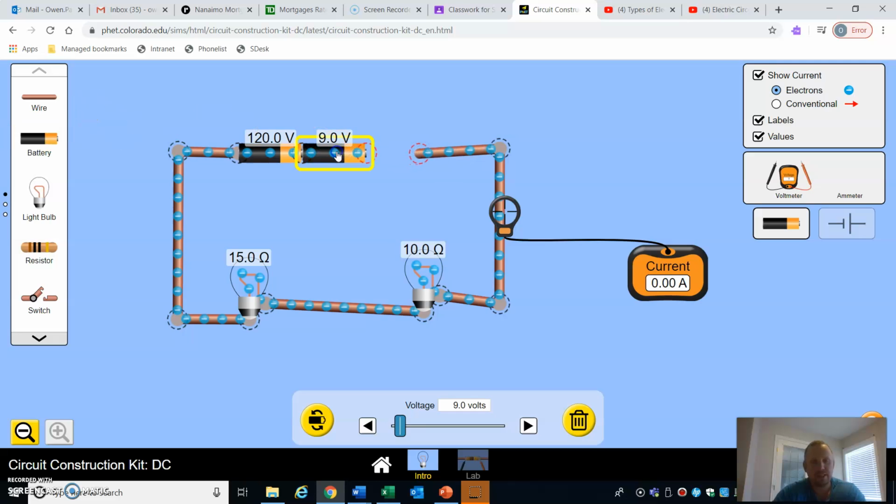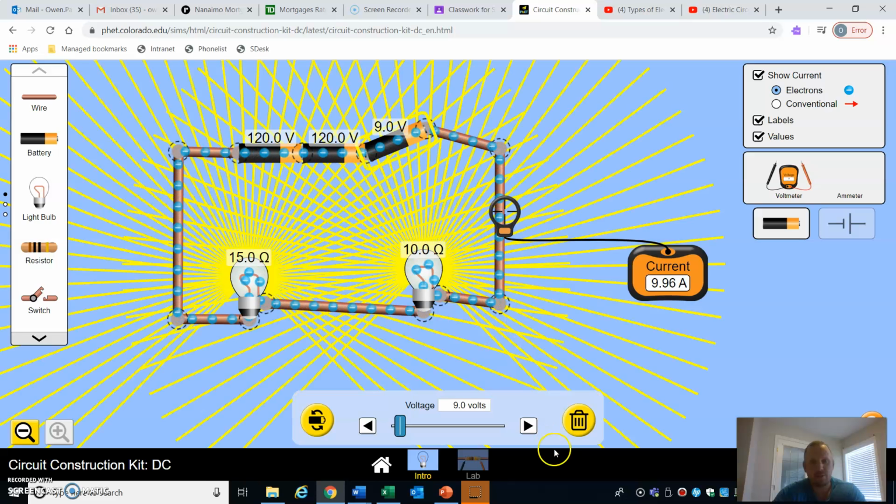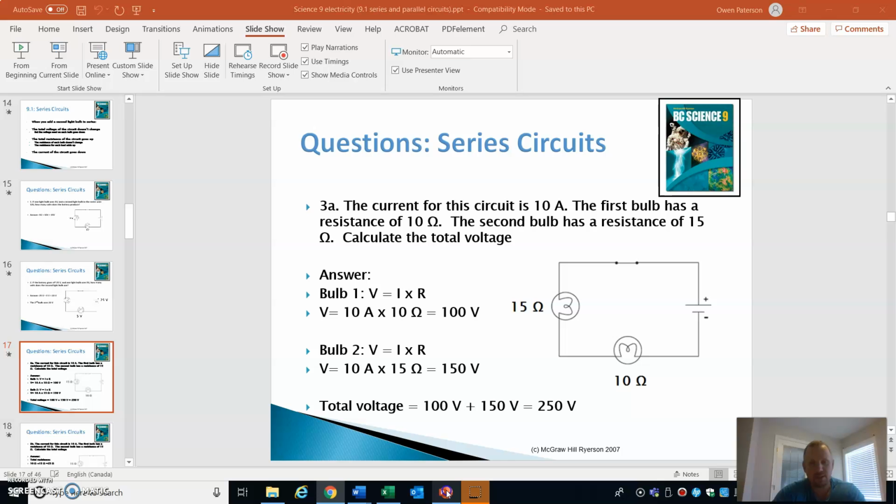We need to add these up to 250 volts, and we'll add a third battery that is 10 volts. Okay, so we have 250 volts total. This is a resistance. The current is 10 amps, and if we look at it, that matches. The current is 10 amps.